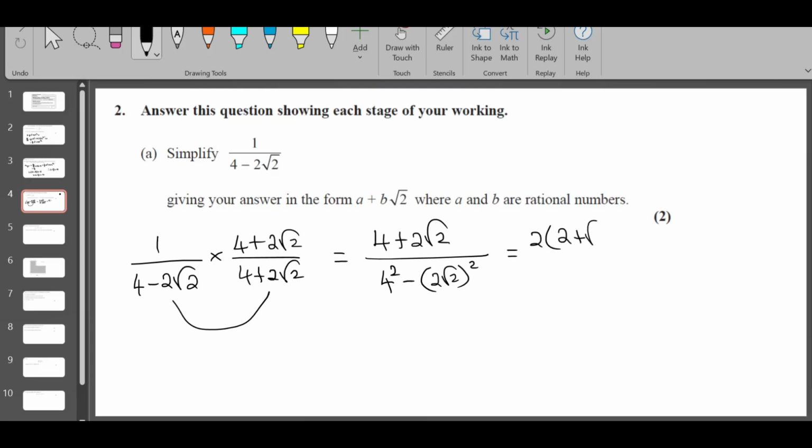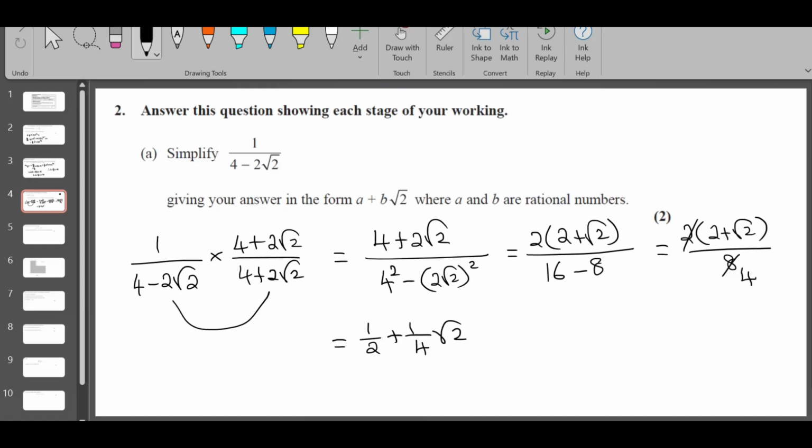You will get 2 plus root 2 divided by 4 square is 16 minus, when you square this you are going to get 4 2s are 8. That's 16 minus 8 is 8. So 2 times 2 plus root 2 divided by 8. Cancel, you get 4. So split them, 2 over 4, which is 1 over 2 plus 1 over 4 root 2. That looks exactly like this.